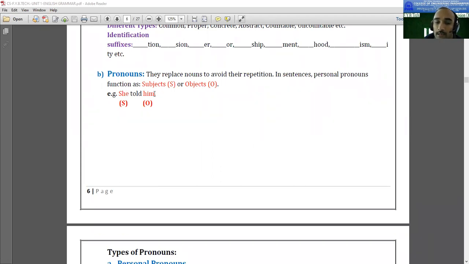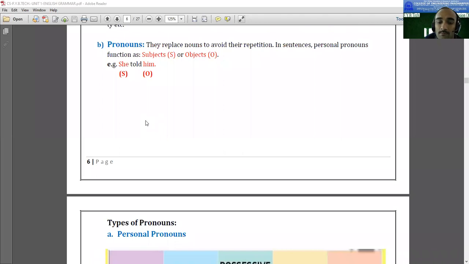She and him are both pronouns. She functions as the subject of the sentence as it comes at the opening, and him is an object that appears after the verb. We can use pronouns as subject and object. So this is about the pronoun.